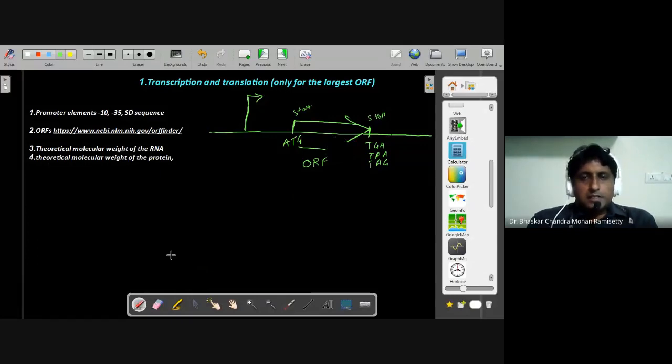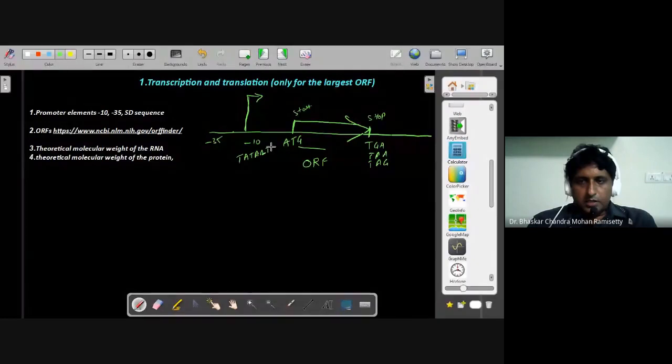Okay. And then in prokaryotes, there is -10 and -35. What is -10? If you can recollect, the sequence is TATAAT.